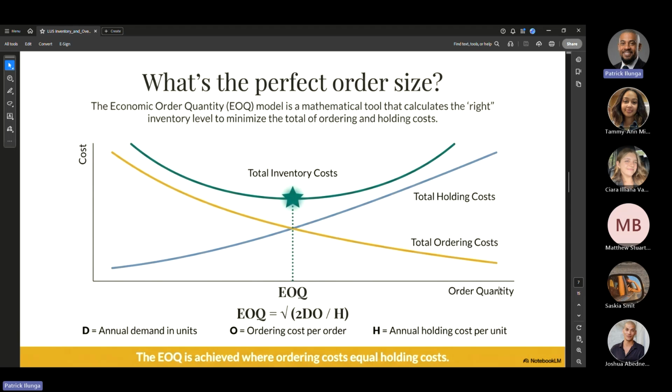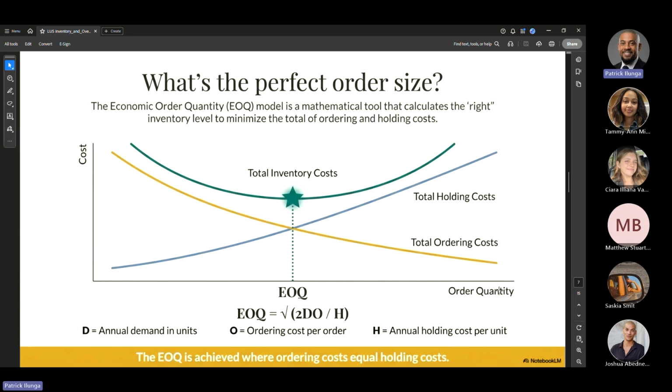Guys, we covered this last week. What is that called? Okay, let me give you a hint. Is it a fixed cost or is it a variable cost? Do you understand?